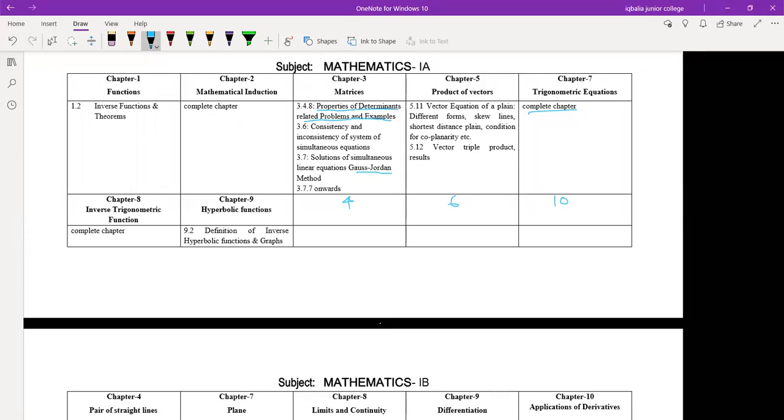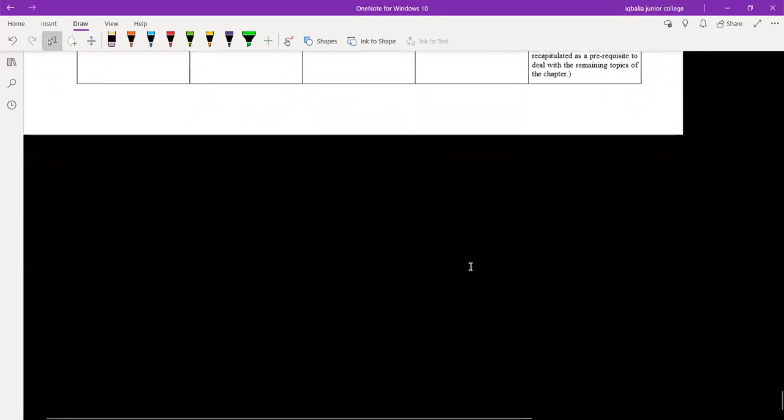Now, the next topic, after determinant, will be adjoint and inverse.